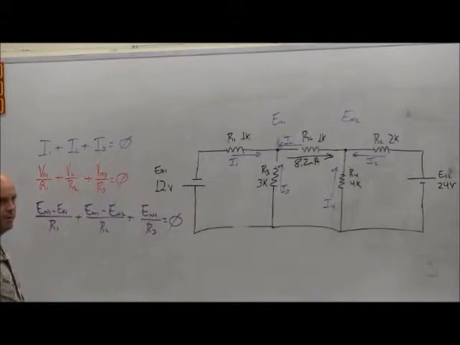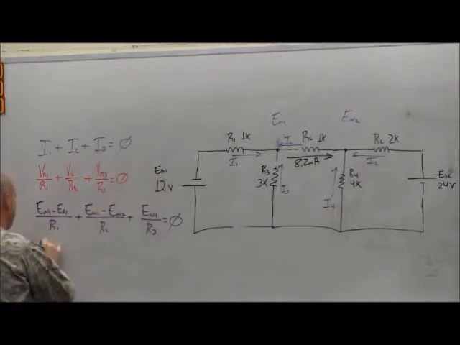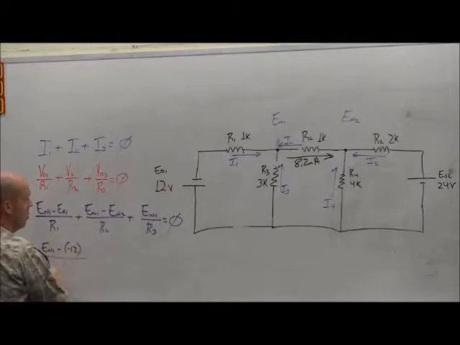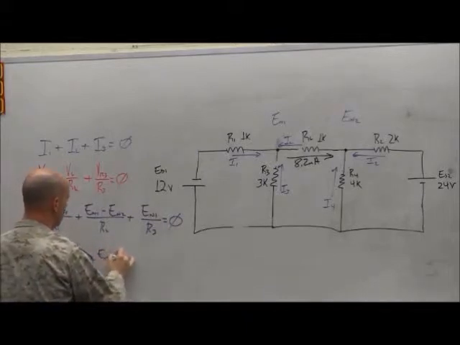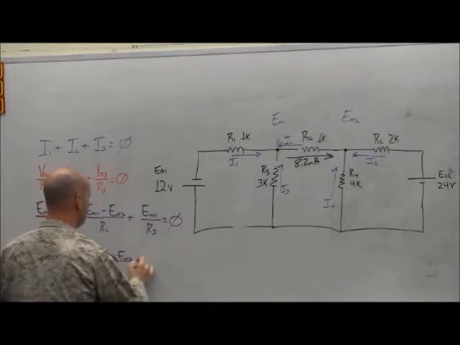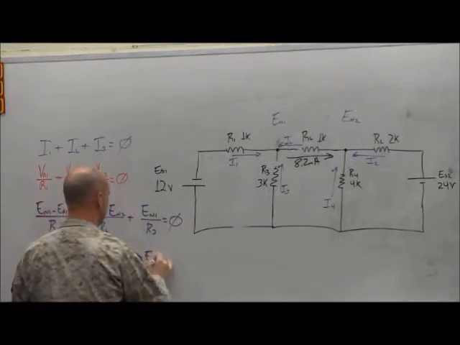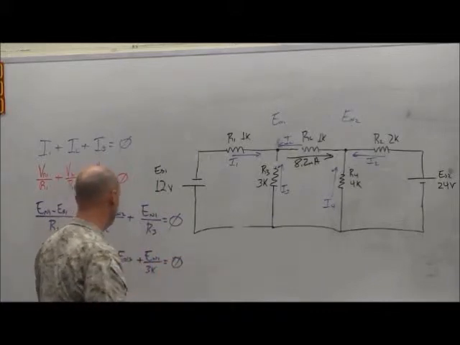Any questions there about that? So from here, we can make our substitutions. ES1 is 12 volts, but it's negative terminal up, so it'll be negative 12 volts over R1, which is 1K, plus En1 minus En2 over RL, which is also 1K, plus En1 over R3, which is 3K, all equals 0.